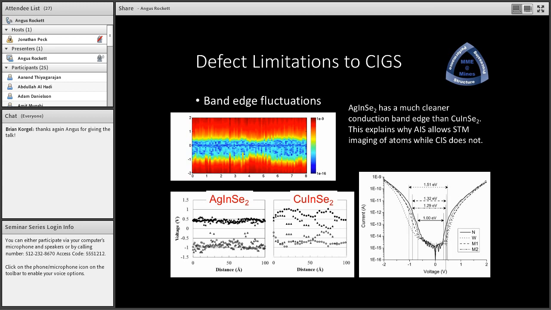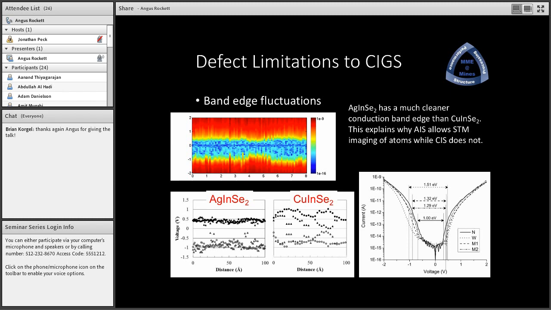And what you see is that copper-indium diselenide has a really large range of fluctuations in the band edges, and both band edges are moving all over the place. Silverium diselenide has much less fluctuation in the band edges, and in particular the conduction band edge is quite uniform and shows relatively little fluctuation. And it's these band edge fluctuations that seem to correlate with performance of the device.